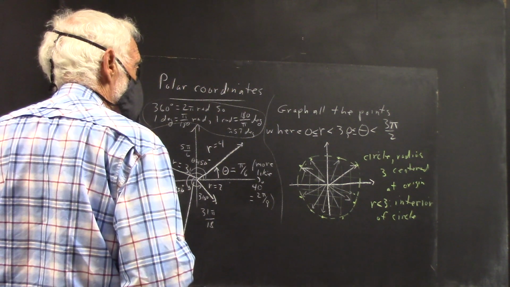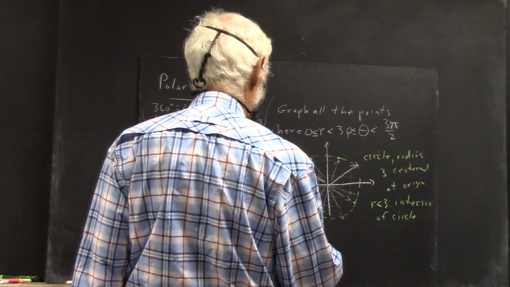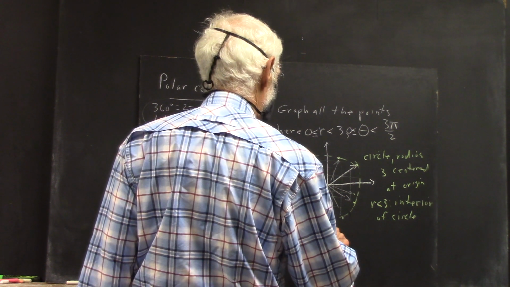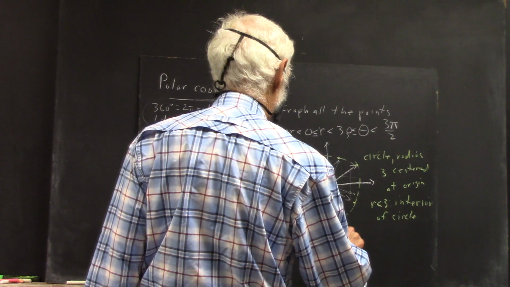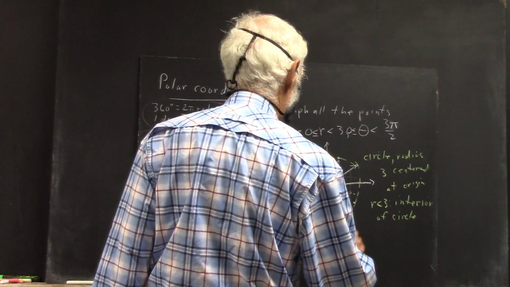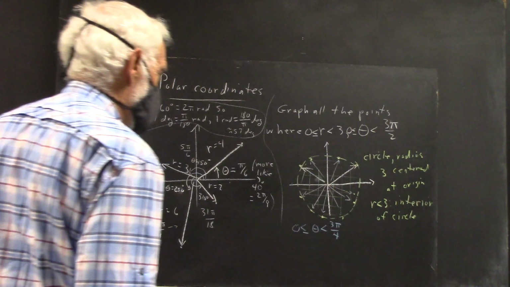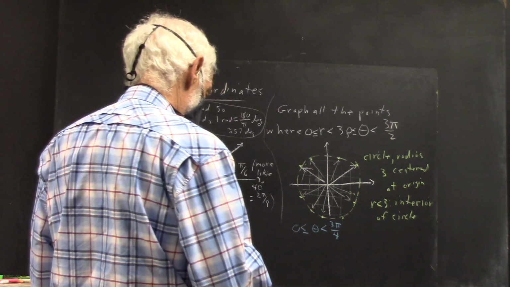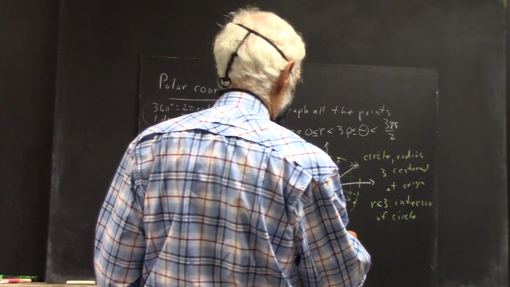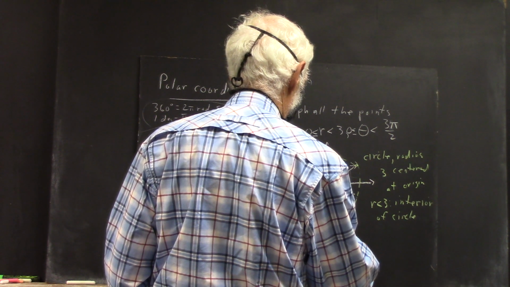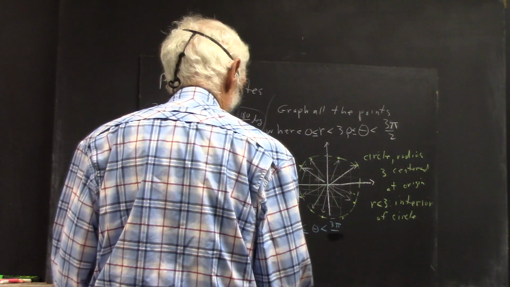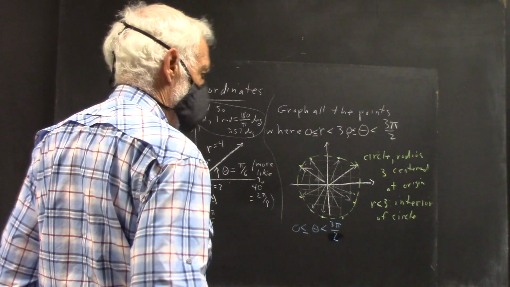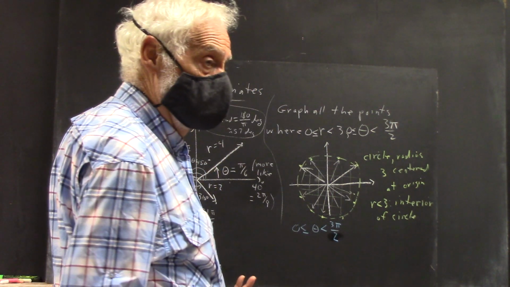Now, what about... okay? That's 3 pi over 2, not 3 pi over 4. Where's 3 pi over 2?